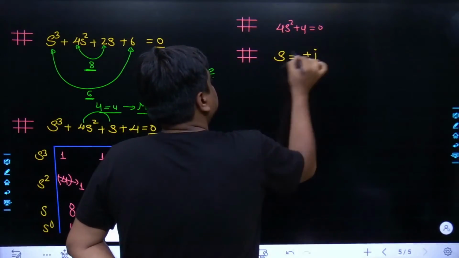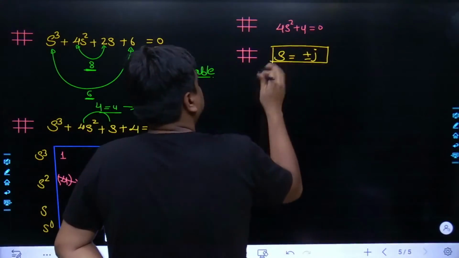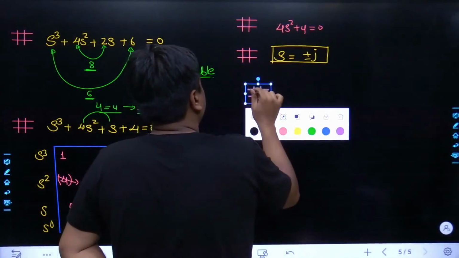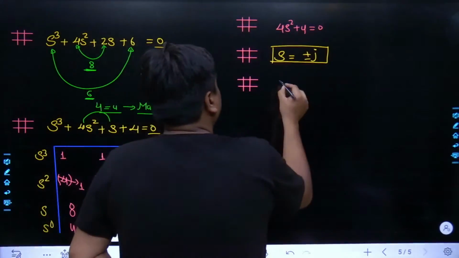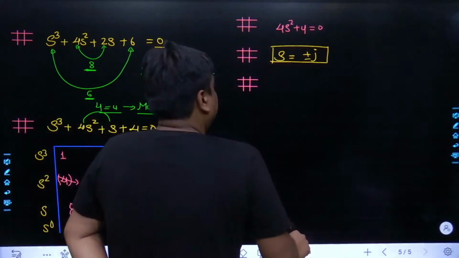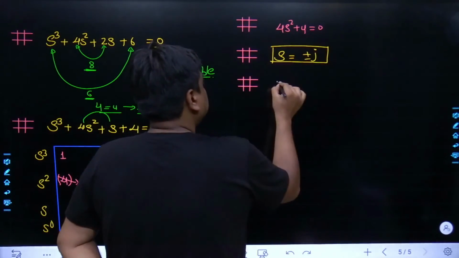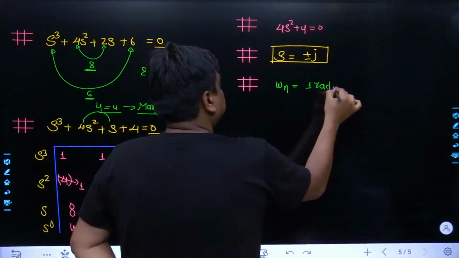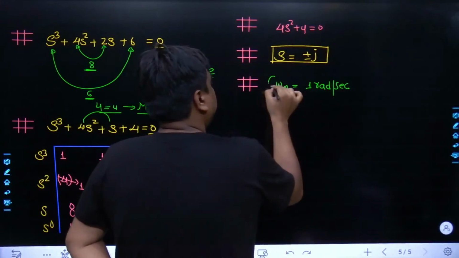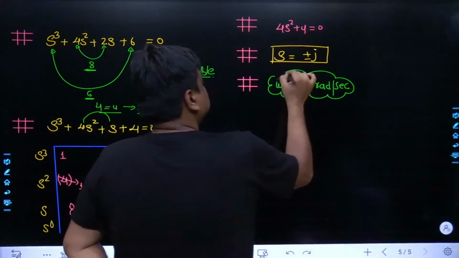Plus minus j, or I can say the natural frequency of oscillation. What we have got for this problem is omega n equals 1 radian per second.